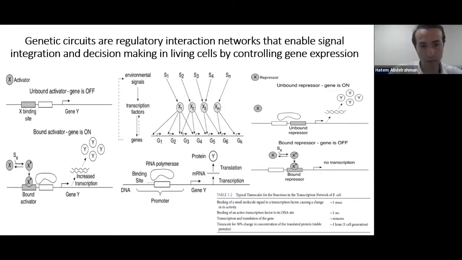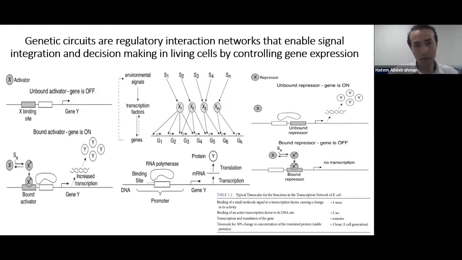For example, we have in the cell different types of transcription factors. These transcription factors can sense different types of environmental signals. Based on this, the activated transcription factors could activate or repress the expression of certain genes inside the cell.